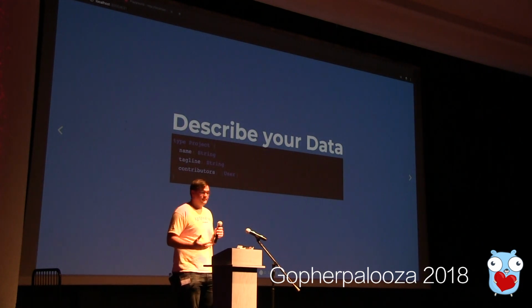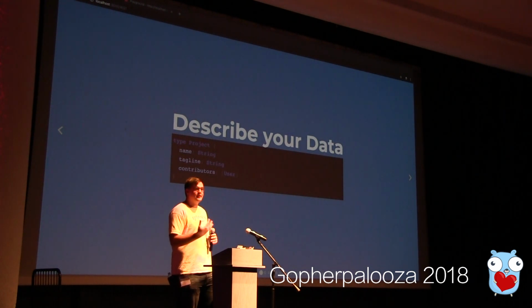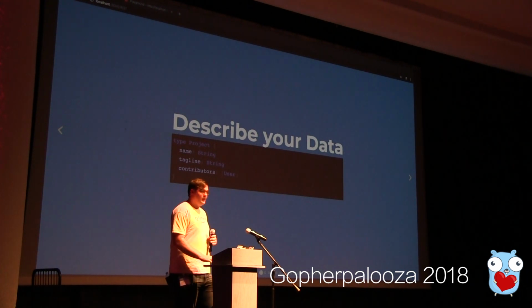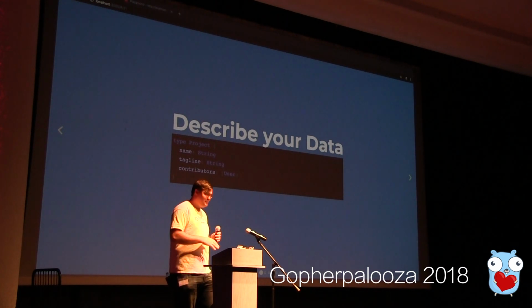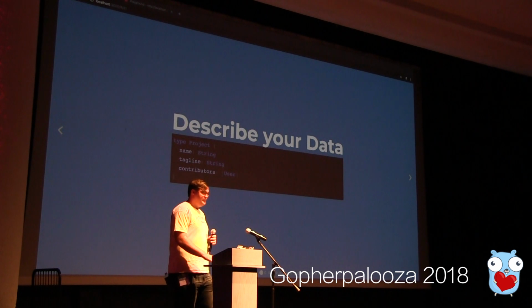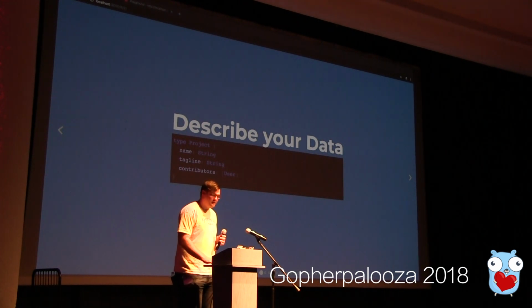So GraphQL basically comes in three parts. You describe your data, and this is using the GraphQL SDL. If you've written a Go struct, this looks very similar. It's not exactly the same, but it's similar. You've got your primitives, you've got your keys, you've got your type declarations.